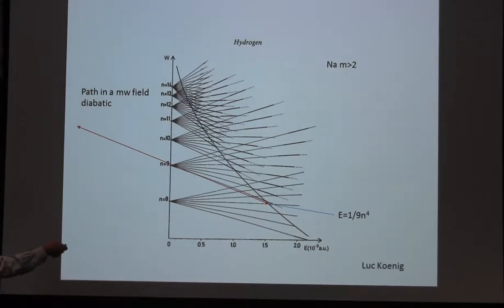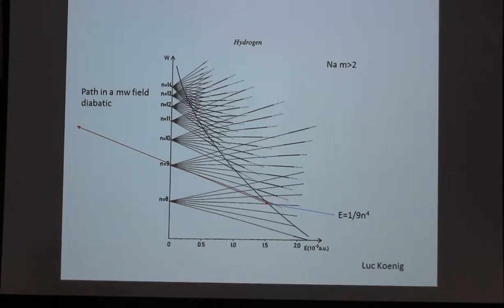So the microwave field scrambles up, actually due to the second-order Stark effect, mixes states of the same n, and they just leak out at this point where this red state crosses the classical ionization limit. In fact, this 1 over 9 to the 4th is using this n. It turns out if you use the n that corresponds to this binding energy, it's 1 over 16 to the 4th. And we'll work that out for you right now, but it's very easy to show that.